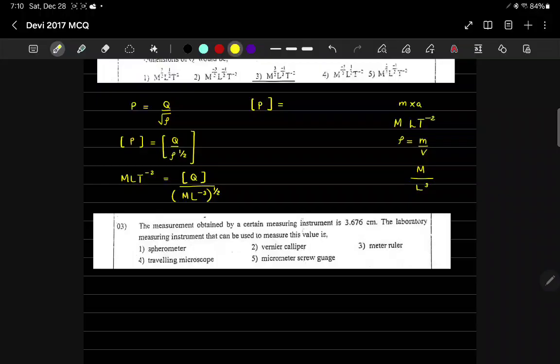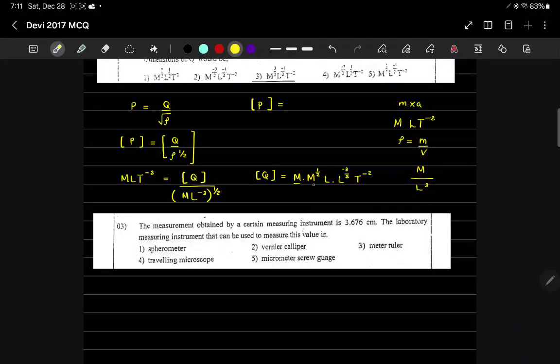We have to consider the square root as well. Now the dimensions of Q then will be M into M to the power half, L into L to the power minus 3 over 2, and T to the power minus 2.